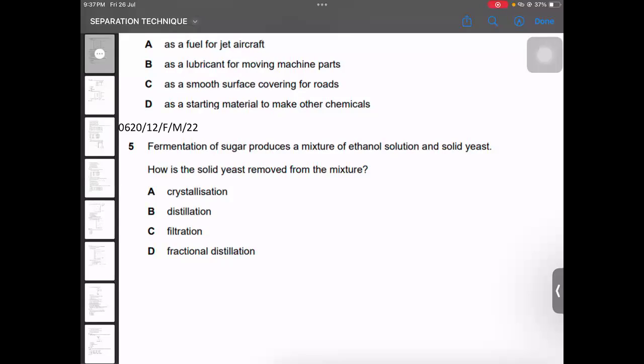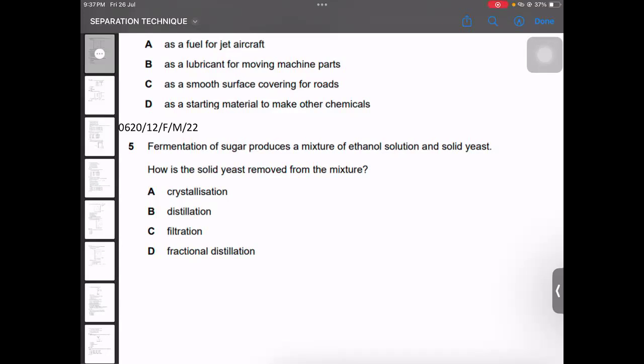Question number 5. It wouldn't be filtration, why? Because if we're filtering it, we'd get a liquid and residue, which we aren't getting here.